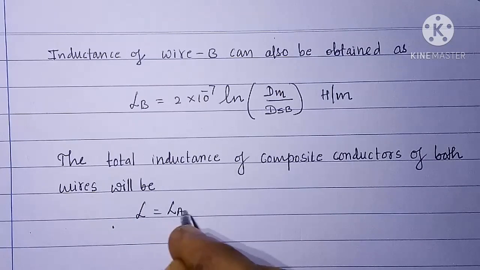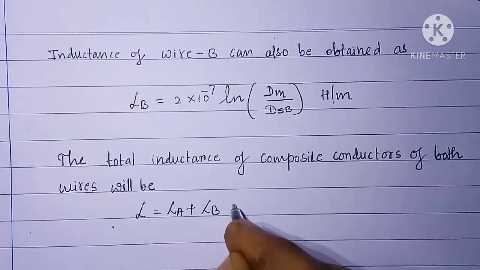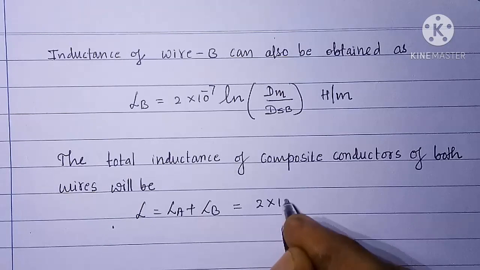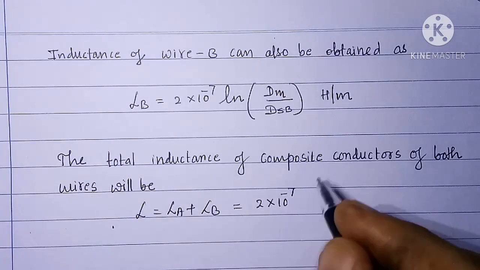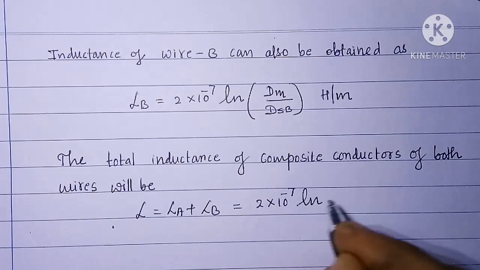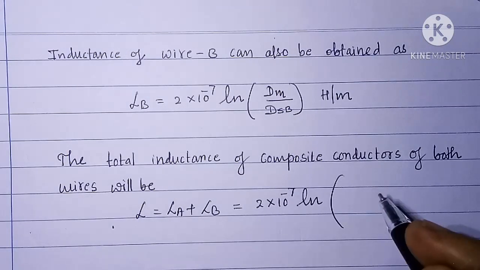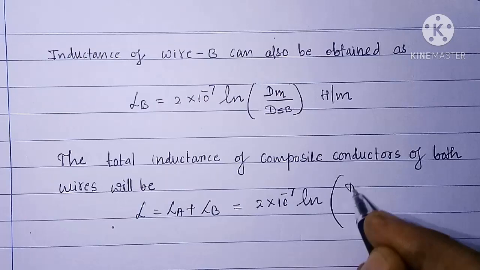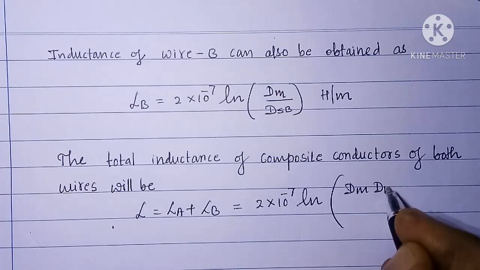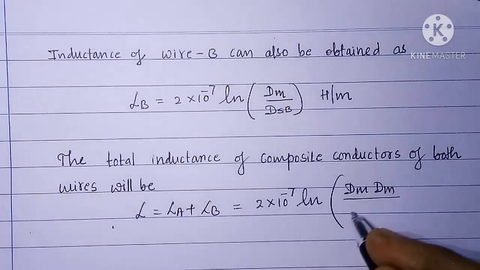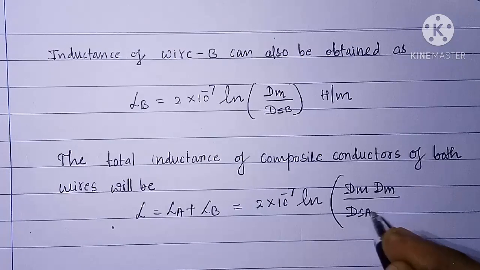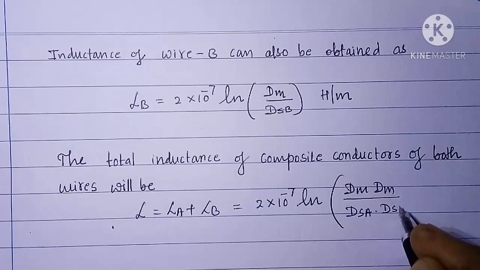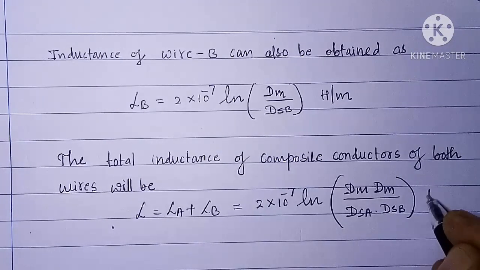L equal to LA plus LB equal to 2 into 10 raised to minus 7 ln of, using laws of exponents we can write here, dm into dm upon dsa into dsb Henry per meter.